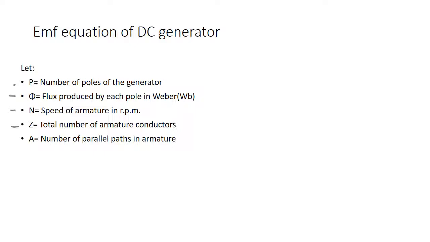Z is the total number of armature conductors. And A is the number of parallel paths in the armature. Now we know that EMF gets induced in the conductor of the DC generator according to Faraday's law. Hence, the average value of the EMF induced in each conductor will be the rate of cutting of flux.